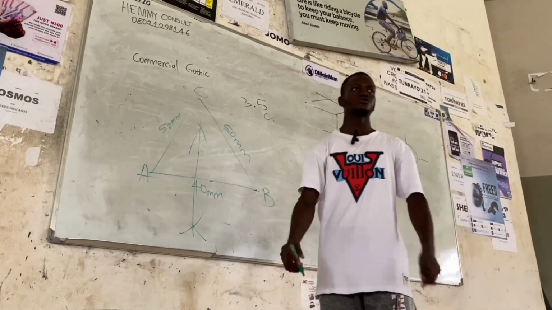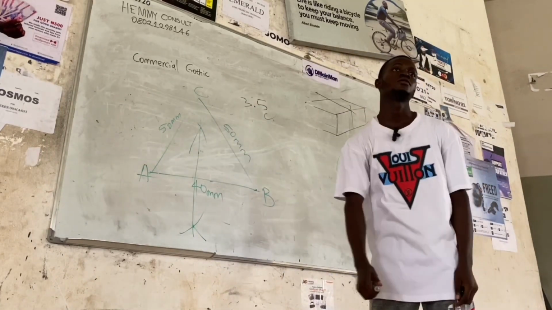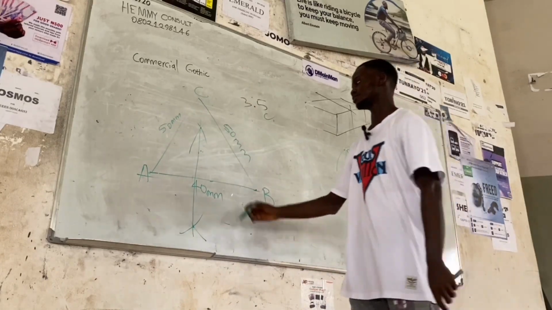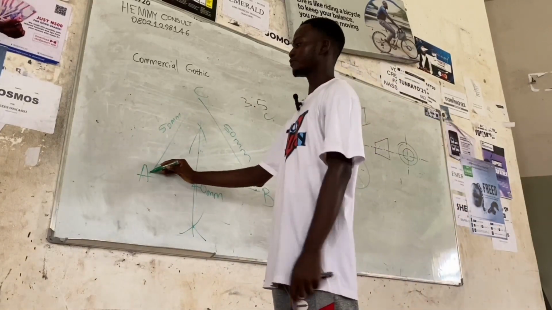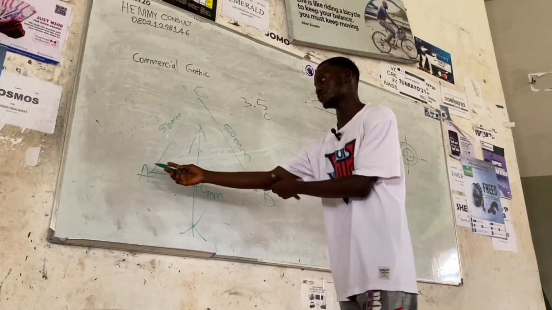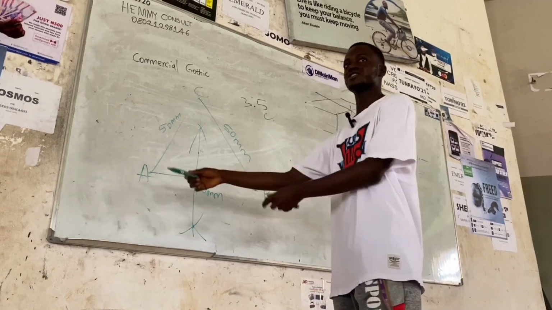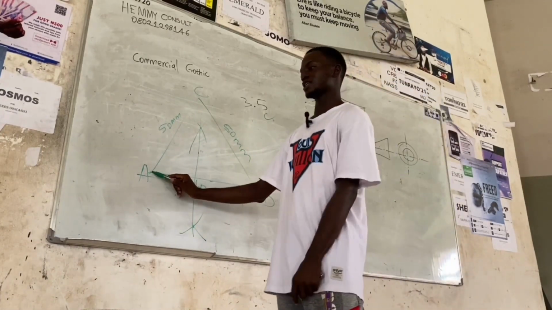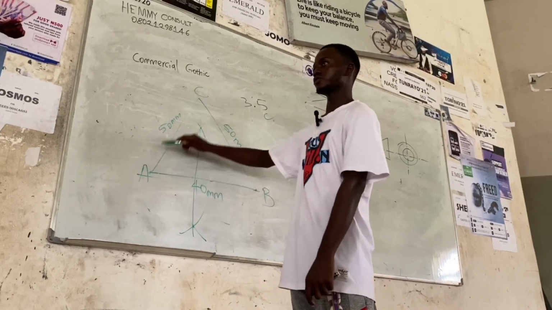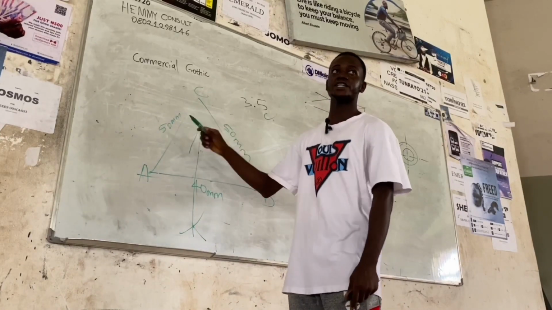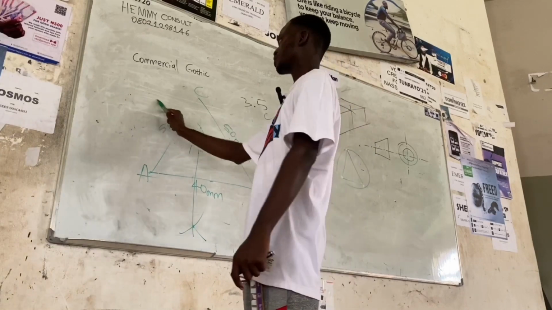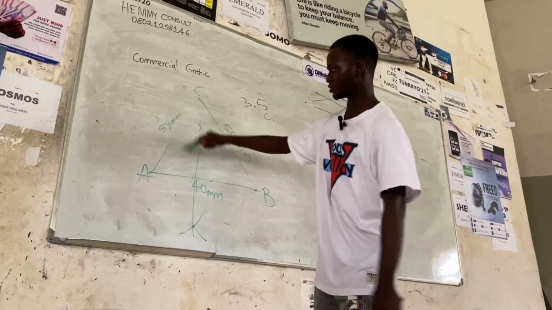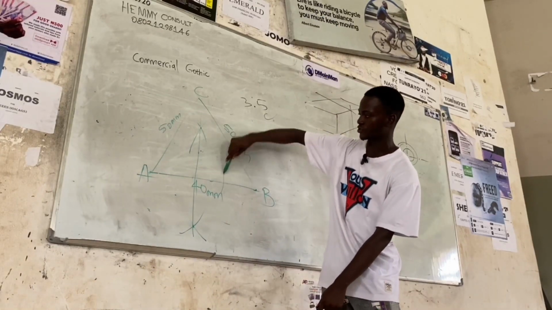So we said we should bisect our line AC, right? For us to bisect our line AC, we make use of the same principle. At point A, you extend your compass to be more than half of line AC and strike an arc at this region.